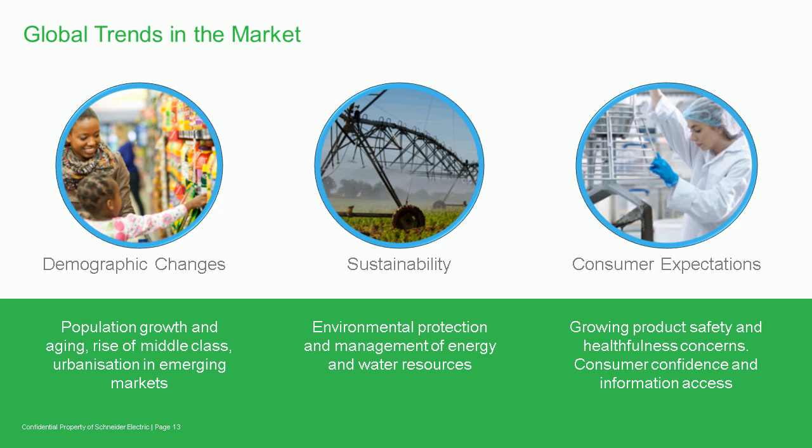And when you look overall at the trends in the markets that we see today, I put them into three big buckets. There are demographic changes. Certainly population growth is a long-term trend, but there are other demographic changes happening on a much more short-term basis. Things like the rise of the global middle class in Asia Pacific.